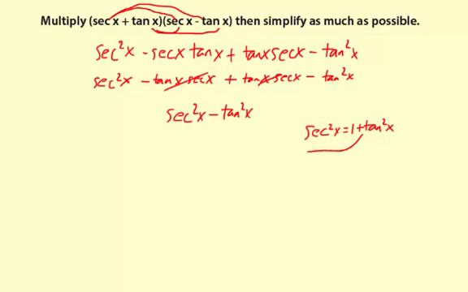So I'm going to substitute into here, and that will give 1 plus tangent squared of x minus tangent squared of x. So plus tangent squared of x minus tangent squared of x, that makes 0. And we're just going to be left with a 1. So secant x plus tangent x times secant x minus tangent x equals 1.